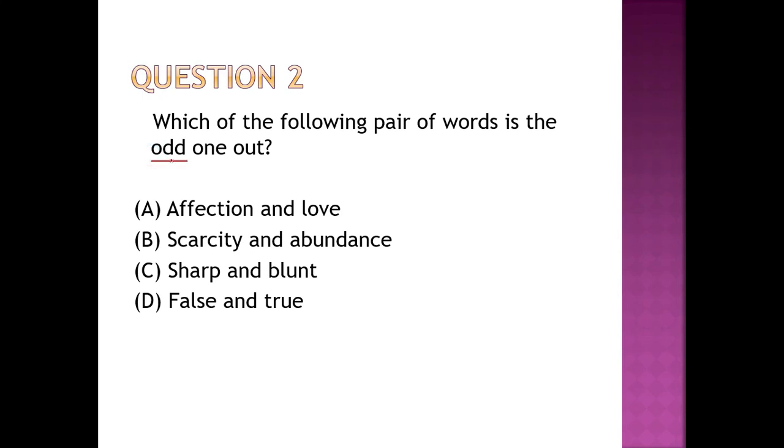So which pair of words is different? So how would I approach this question? Well, you have to look for the pattern in the pairs of words and then identify which one of them is different from the others. All right, so let us look at A. So we have affection and love.